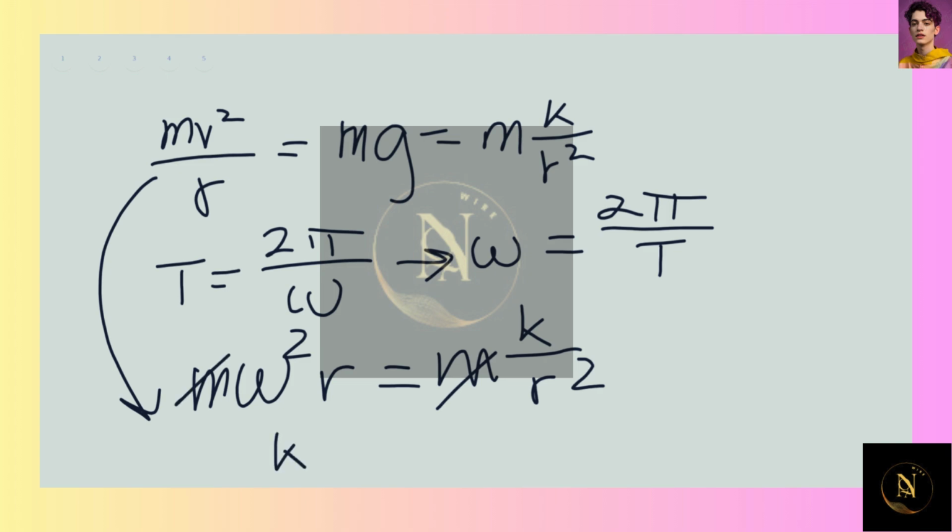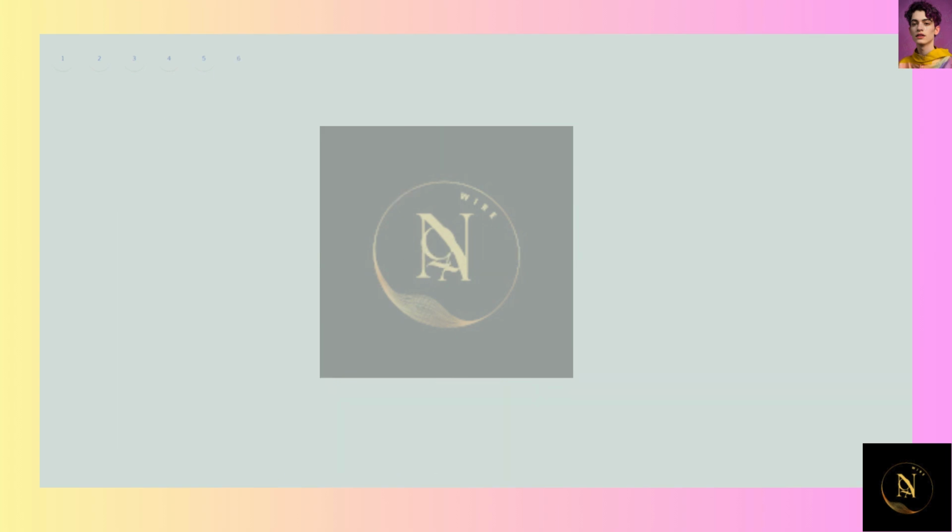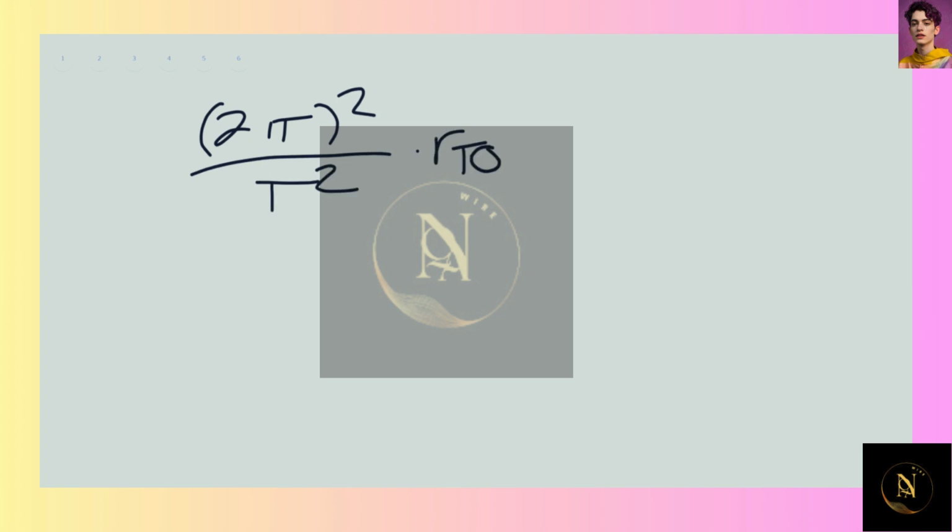Simplifying in order to solve for k and getting rid of our m's, we get that k is equal to omega squared times r cubed. And plugging in what we just found from our period, that's equal to 2 pi squared over T squared times r, remember, that's our total r that we found earlier, cubed.